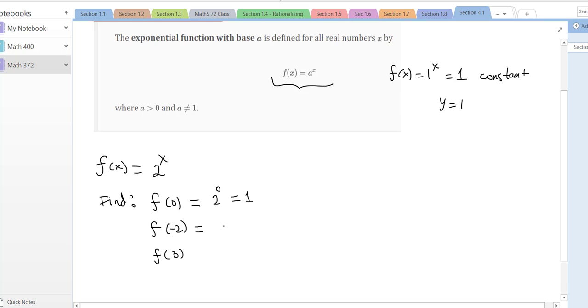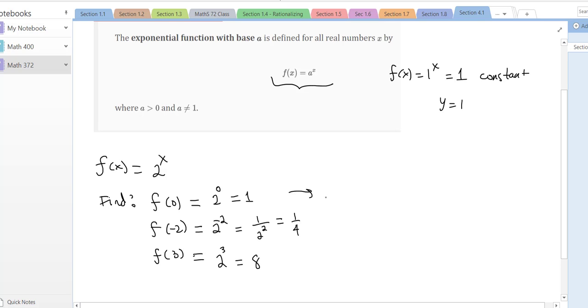F of negative 2, again, we replace the x with the negative 2. So I'm going to have 2 to the negative 2. And properties of exponents tell me whenever I have a negative number in the exponent, that means 1 over 2, and the exponent becomes positive, so 2 squared, so this becomes 1/4. F of 3, replace the x with the 3, so it becomes 2 cubed, which is 2 times 2 times 2, which is 8.